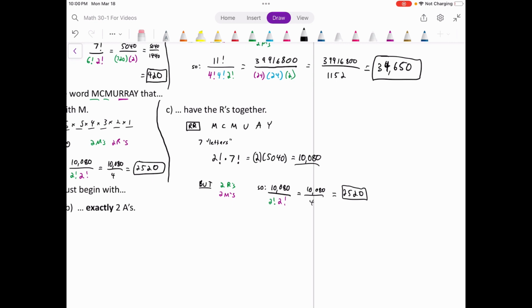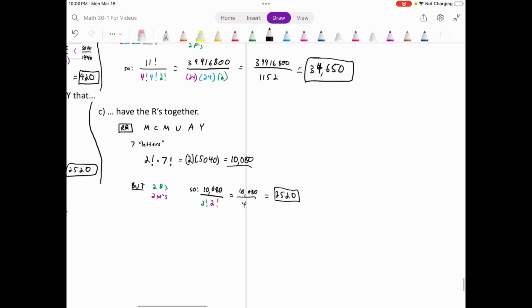Okay, so again though, notice you could have just omitted this step, right? And that's totally okay, but then you don't want to divide by this 2 here. What I mean by that is, you might have recognized that normally we would multiply by the number of ways to arrange these 2 within the group. But there's not actually 2 factorial ways to arrange them, so we really can just do 7 factorial is 5,040, right?